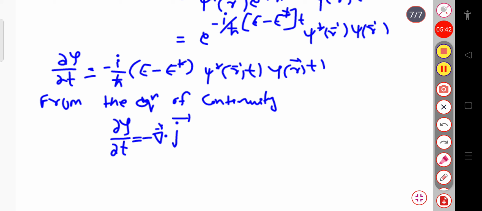This j vector is the probability current density vector.